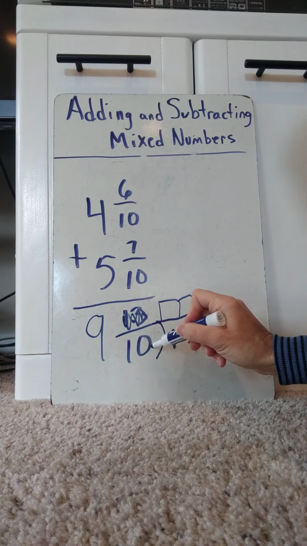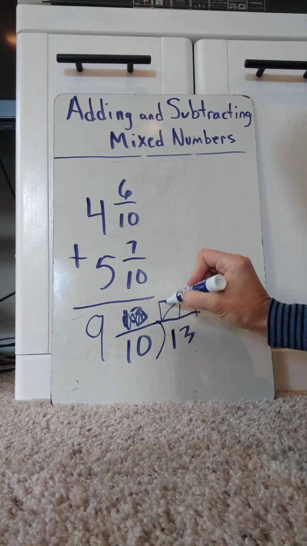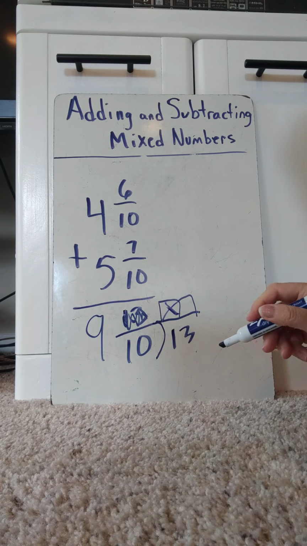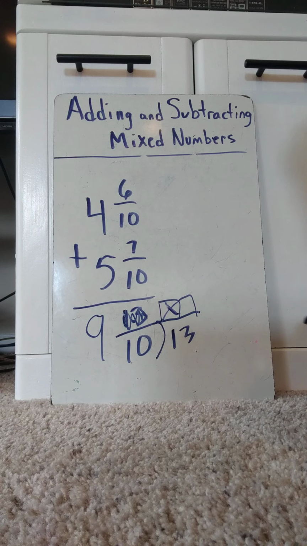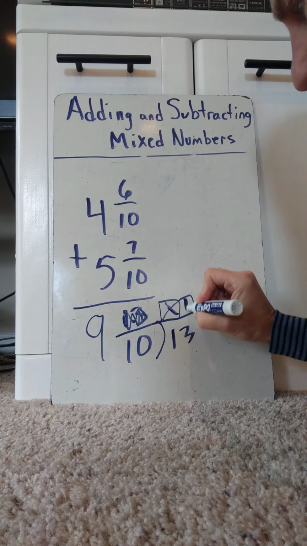But you can't fit a 10 inside of 1, so we know there's nothing that's going to be in that box. Okay, so we know this is a 1-digit answer. And we say to ourselves, what number times 10 gives me close to 13? Well, I know 1 times 10 is 10. It has to be that, because 2 times 10 is 20. That's too big. So we're going to put the 1 here.